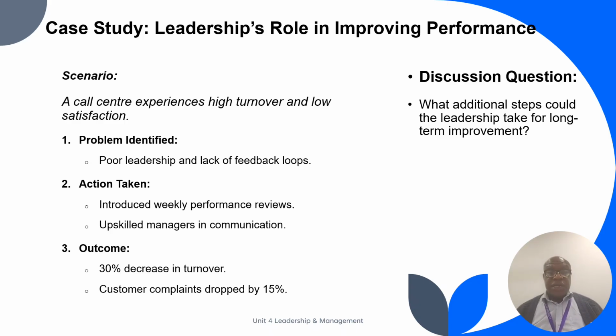They were not getting feedback early enough, and even when they got the feedback, it wasn't constructive. All this can happen, and as such, it led to high turnover and low satisfaction or morale, and people will leave. So, in order to overcome this, what action was taken?